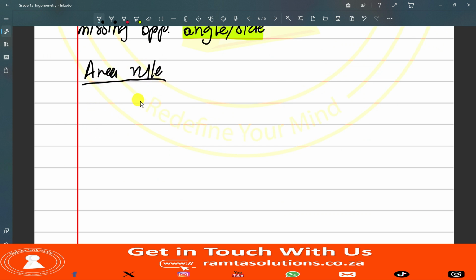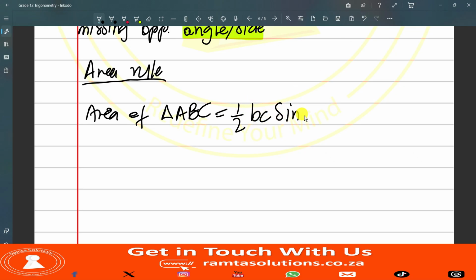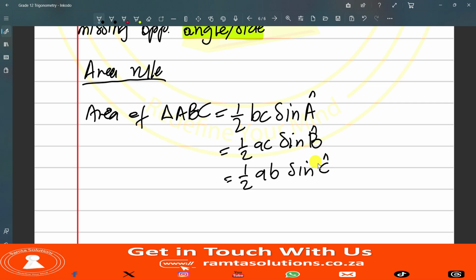Area rule for triangle ABC. We know area is half base times height. If you don't have the height, you can use this: half BC sine angle A, or half AC sine angle B, or half AB sine angle C. This formula is given in your data sheet.